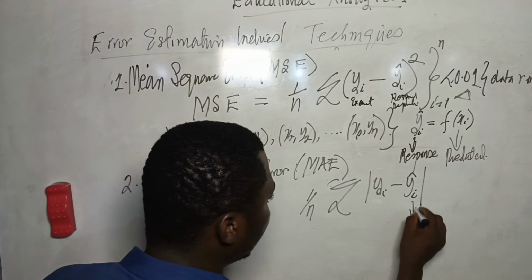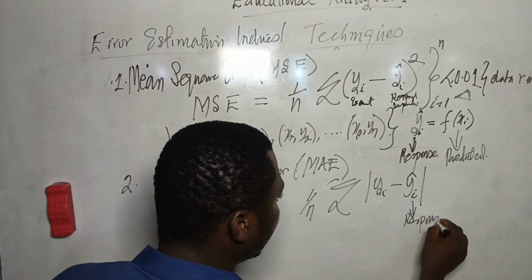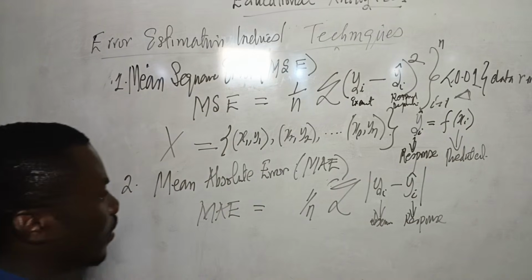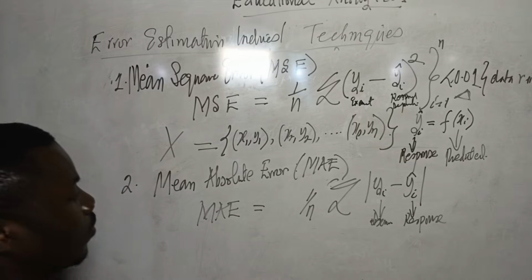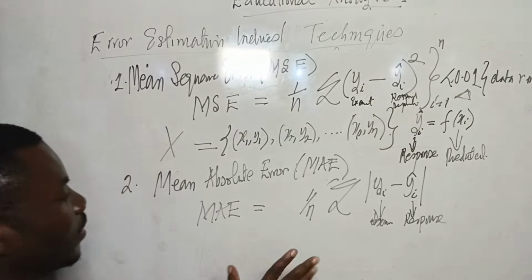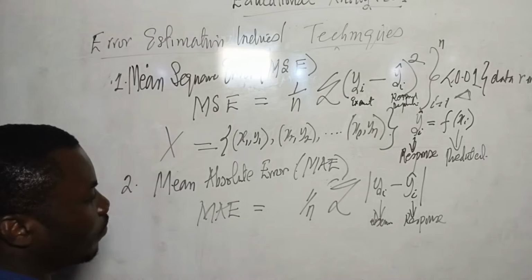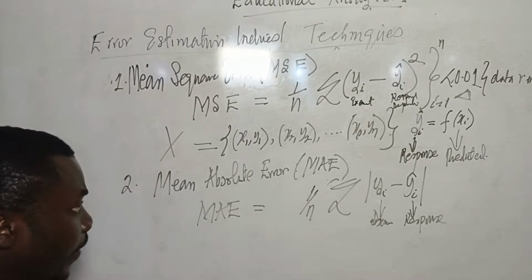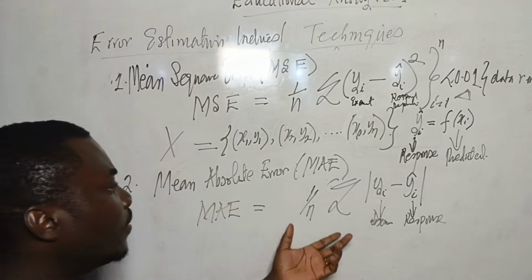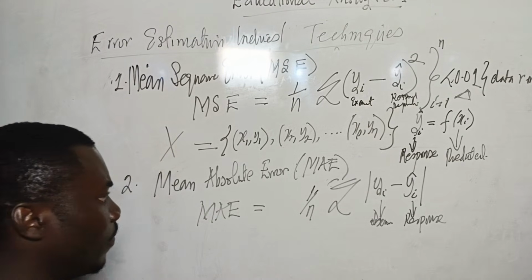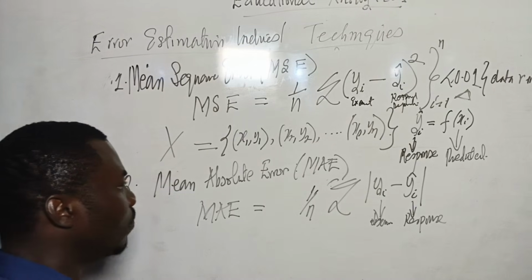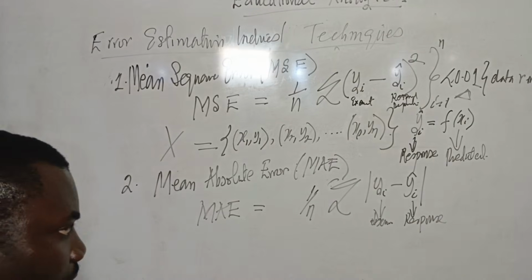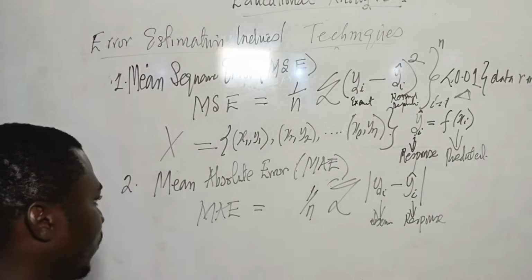So this is the response in this case, and this is the observed. Remember, this is similar to when we were calculating the errors in a standard scientific measurement. It's almost the same thing, but this is a better approximation by taking the average and then also taking the absolute value of the averages between the observed measurements and the response measurements.